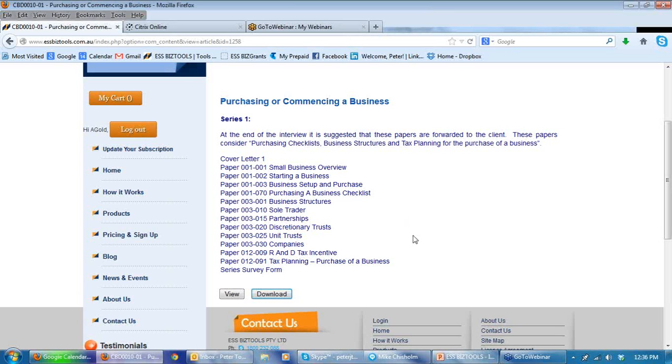We've also listed some allied subjects together in this material. So we've got companies and R&D tax incentives placed next to one another. That's because we know that quite a number of small businesses undertake a large amount of research and development.